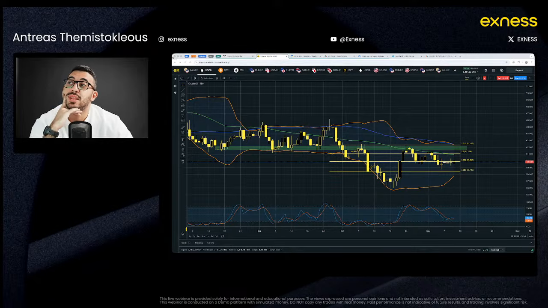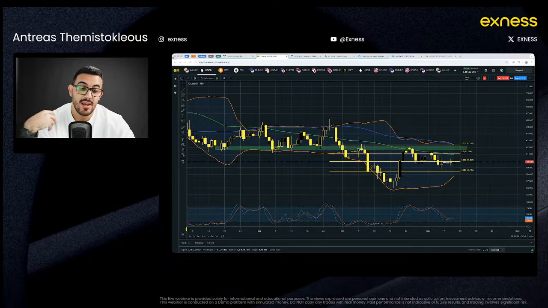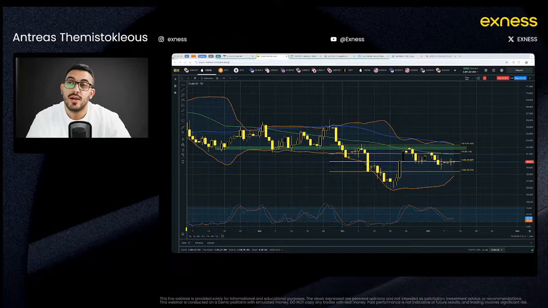But when we have the US government shutdown ending and we get data coming in, then we might see volatility building up or major moves forming. I'm not too keen to open any big trades before the shutdown ending.